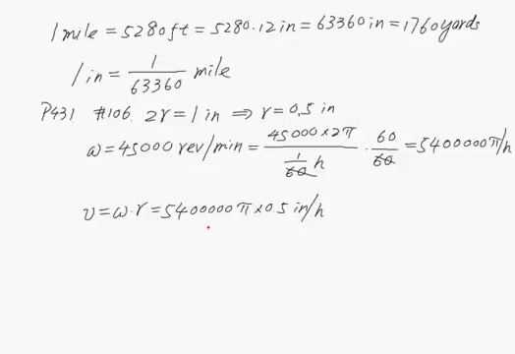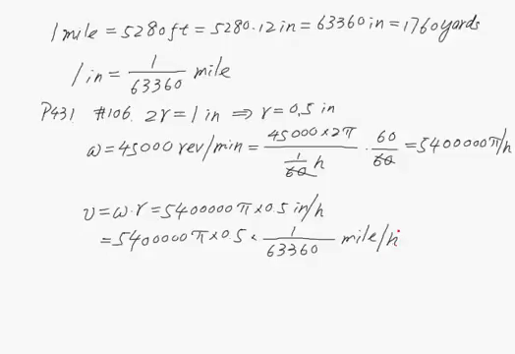Okay. And then we need to convert inches to miles. So let's move here. We have the 54 followed by 5 zeros times pi times 0.5. And we know 1 inch is just equal to 1 over 63,360 miles. So you replace this 1 inch by 1 over 63,360, then you get miles per hour.